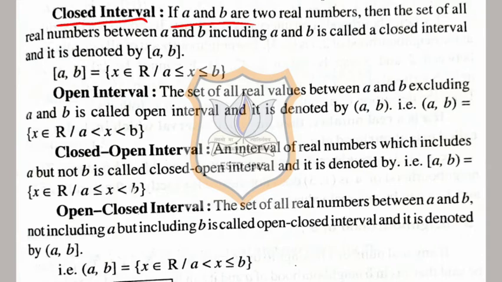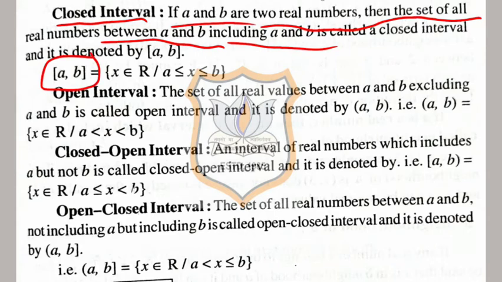That is, if a and b are real numbers, then the set of all real numbers between a and b, including the two numbers, that is a and b, is called a closed interval. Closed interval is denoted by the symbol box bracket [a, b].